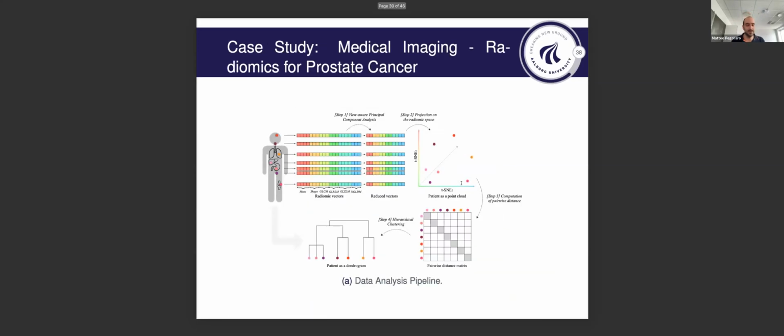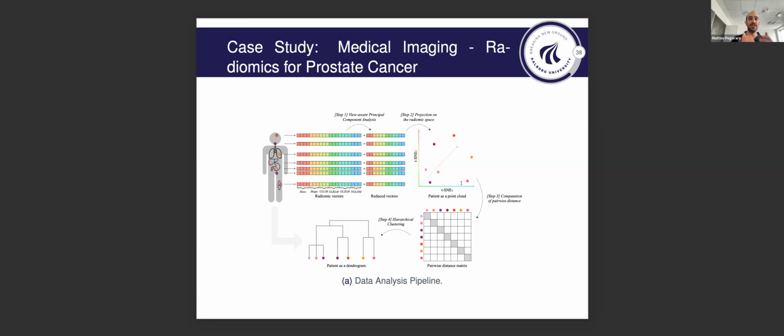The second application is in the field of medical imaging, in particular this subfield of medical imaging which is called radiomics. Basically, there are some substances which are able to interact with tumors, and in this way, there are some tools that can take pictures of tumors. And so, for each patient, we have one picture for every lesion of the tumor that he has.